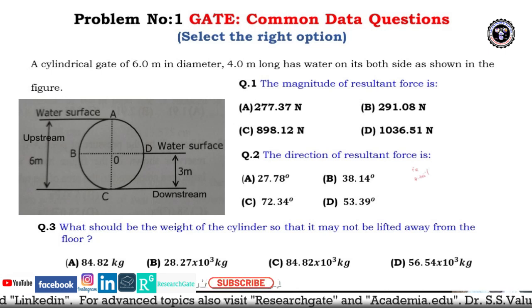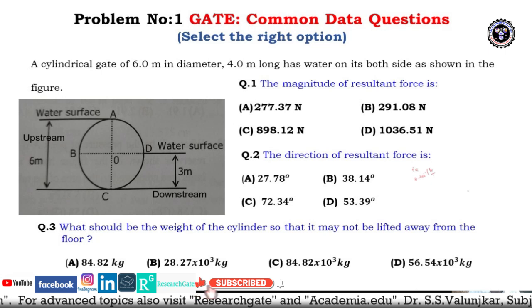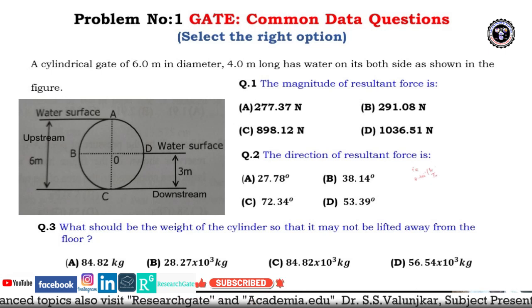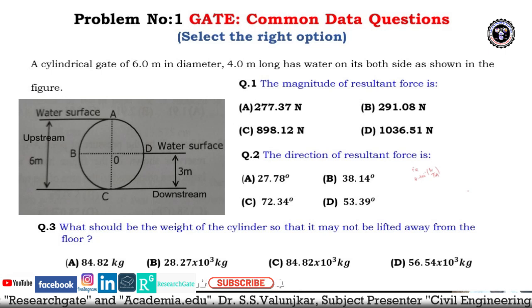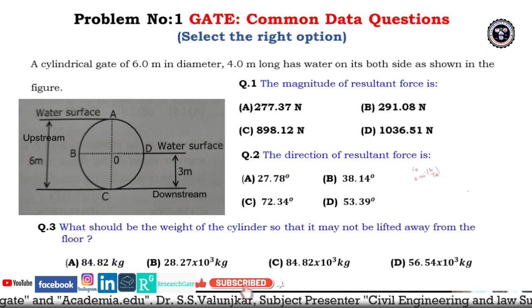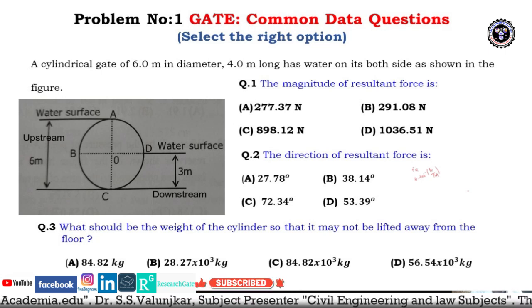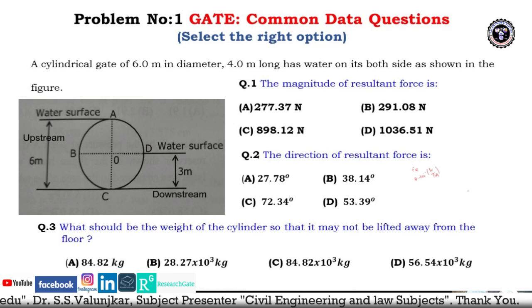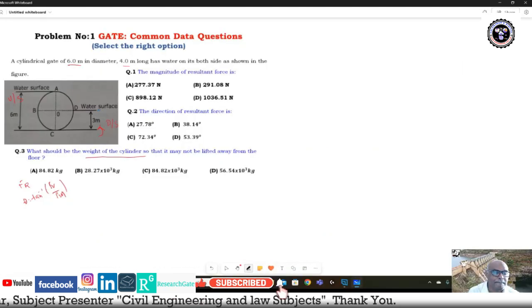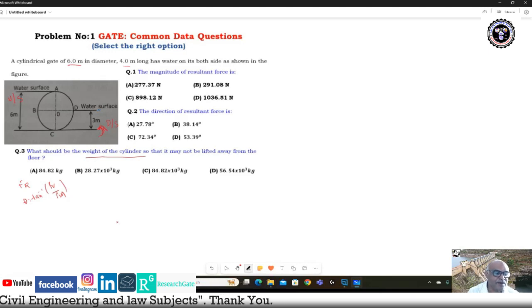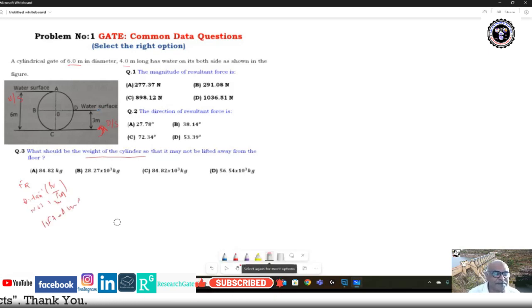And lastly, what should be the weight of the cylinder so that it will not be lifted away from the base of the floor. Okay, so it is not to be lifted up.